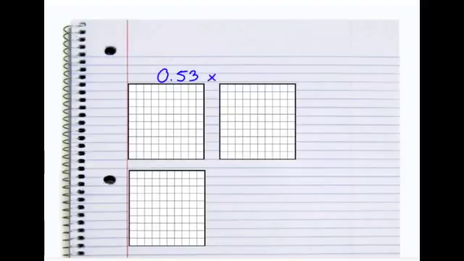53 hundredths times 2. Now what I have here are 2 hundreds grids, and this is going to help me show what portion of a whole one is 53 hundredths. So let's think that one big square is a whole. It's a value of 1.